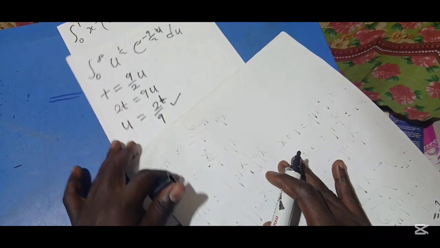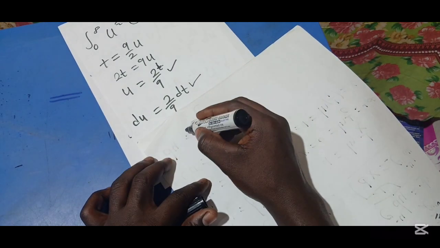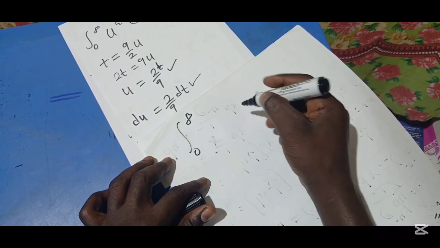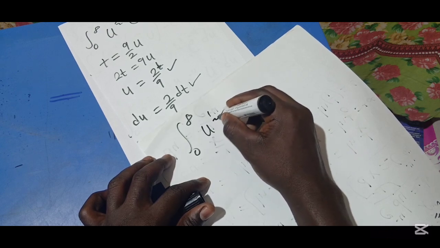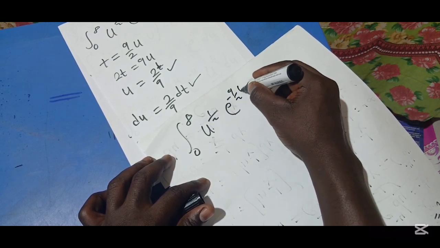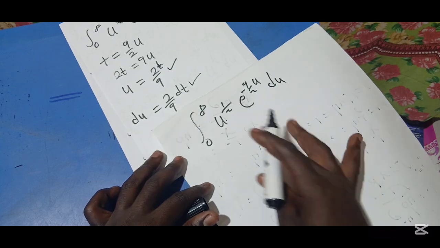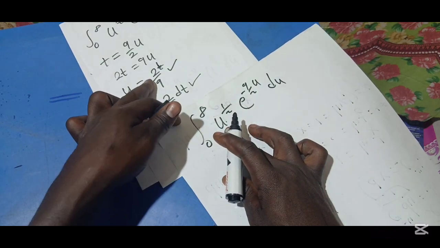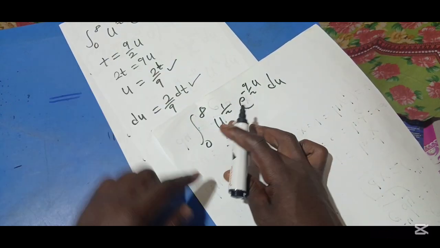So we are continuing. Now, integral from 0 to infinity, u to the power half, e to the power minus 9 on 2u, du. I know my u to be 2t on 9, which is right here.